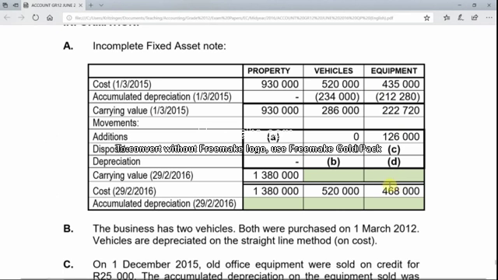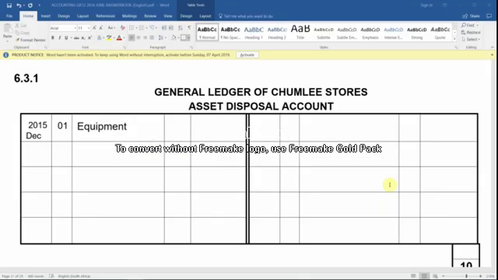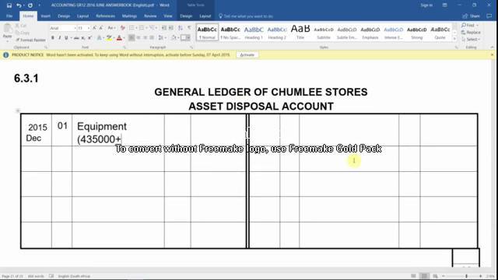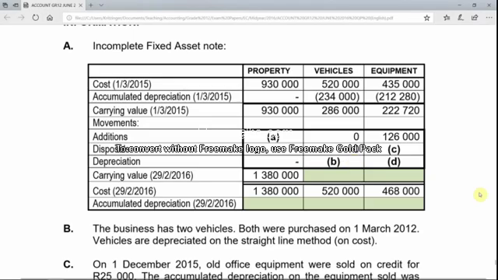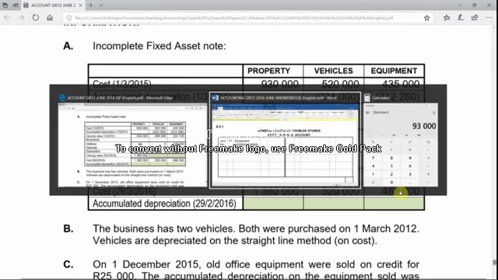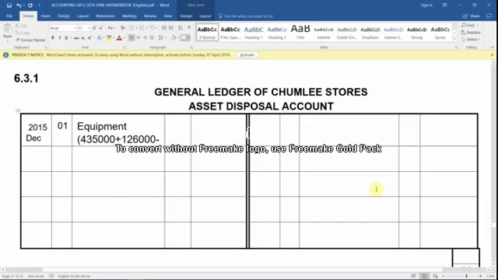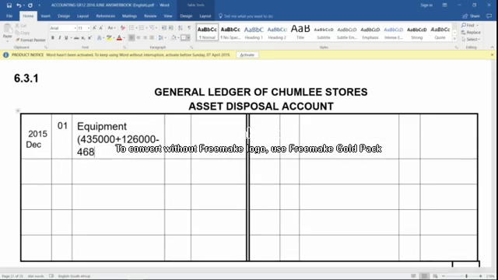So we have 435,000 plus 126,000, and then we had to subtract from that the 468,000. And then we obtained our 93,000 rand.